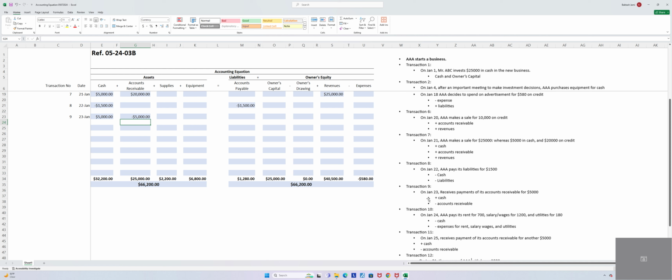We didn't have to do anything on this side of the equation. And again, our balance is the same on both sides, 66,200 on both sides.